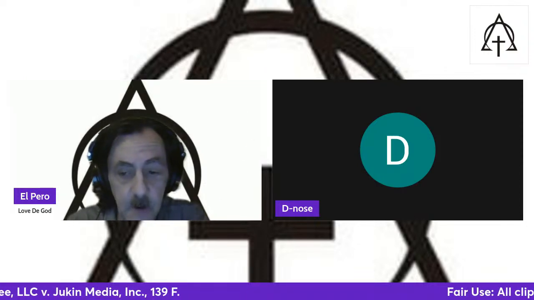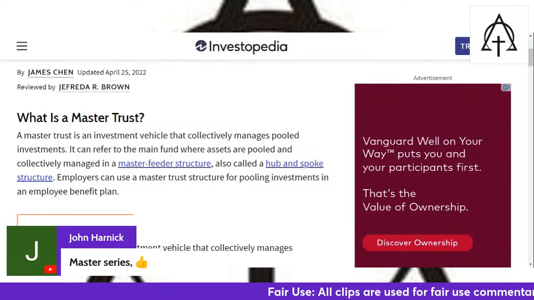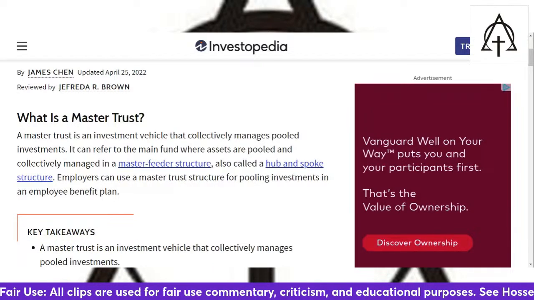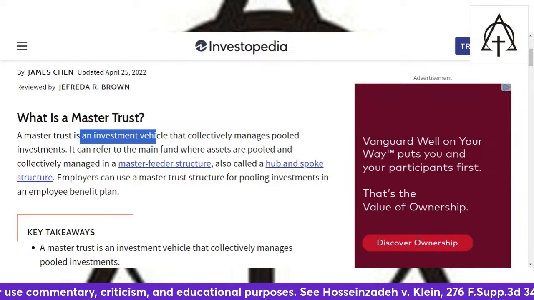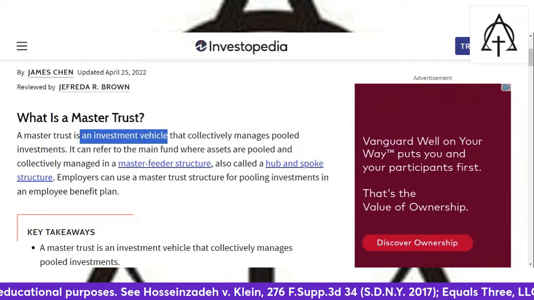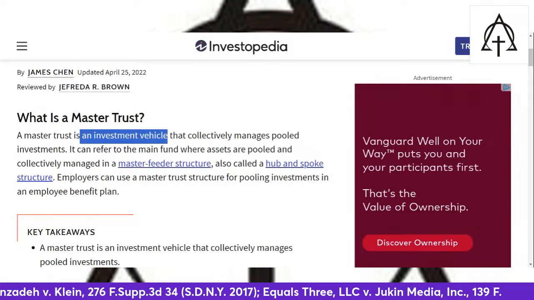And so we're going to go over some master trust details tonight. And we're going to start out with Investopedia. Investopedia tells us very simply, a master trust is an investment vehicle. So when they talk about the master trust account, they're talking about the investment vehicle.